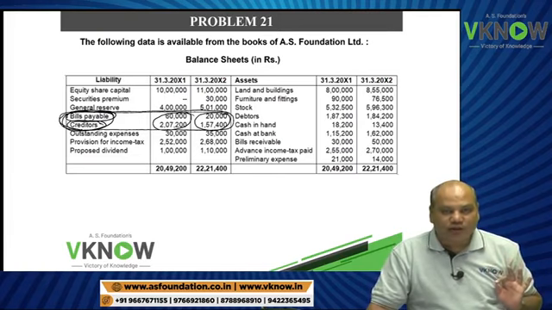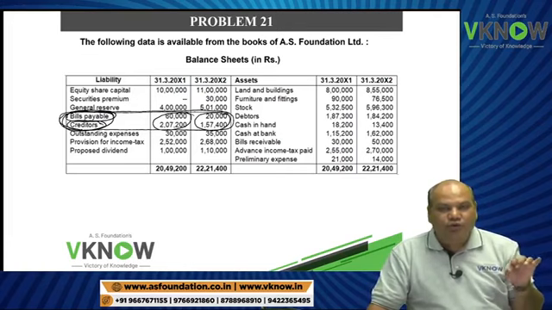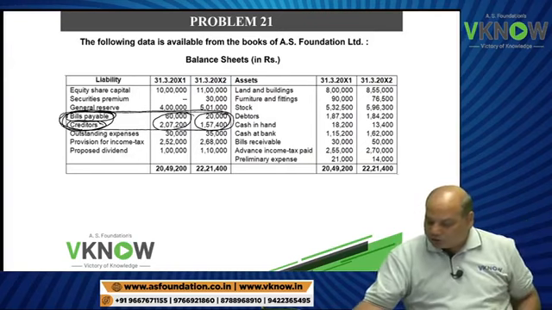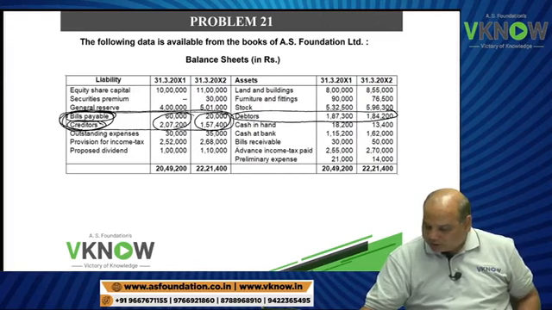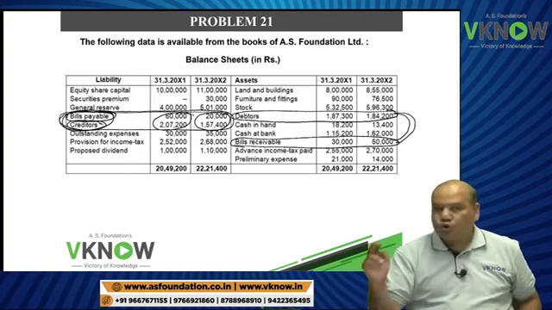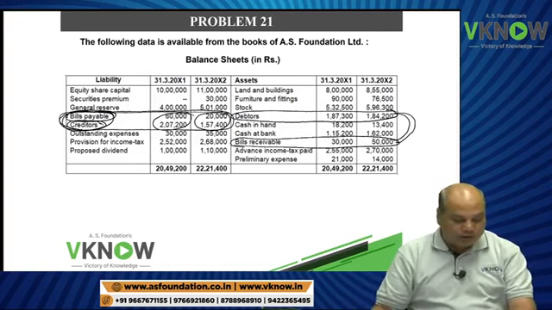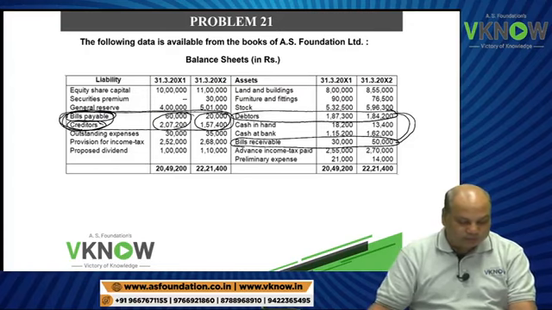What is my objective? To find out the payment to creditor. So I will treat bills payable and creditor as one unit only. Similarly, on the asset side, debtor and bills receivable will be treated same to find out the collection from the debtor.